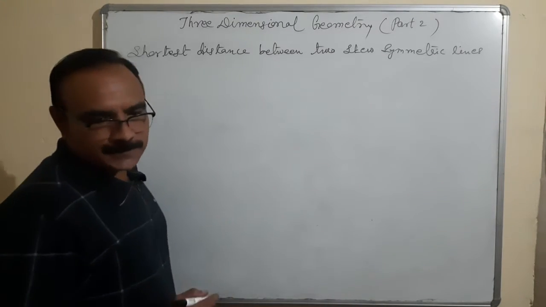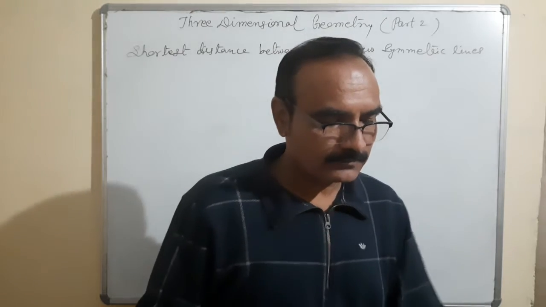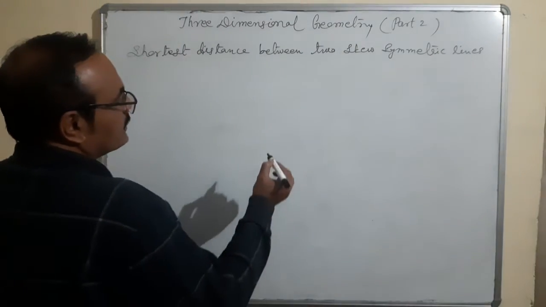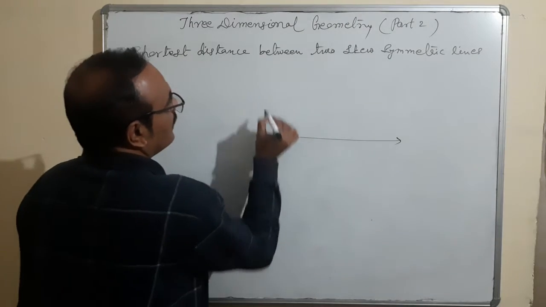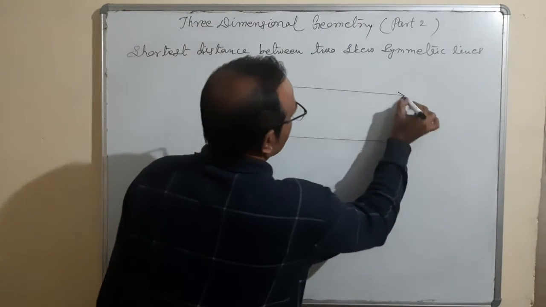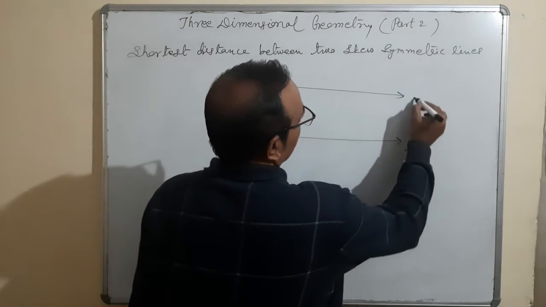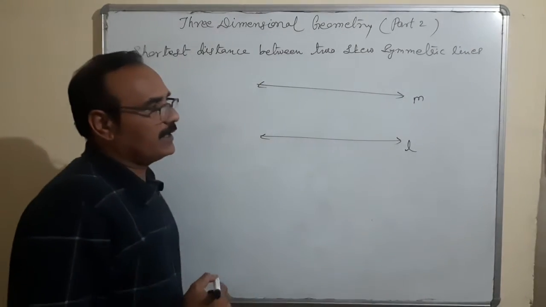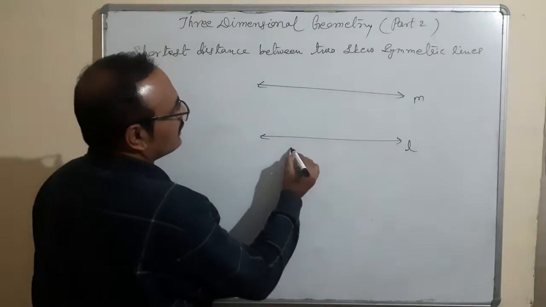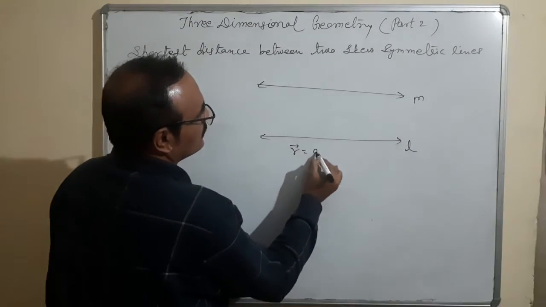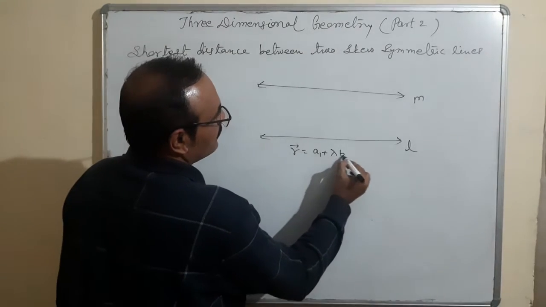Suppose this is the condition, there are two lines. One line is this, and second line is that. In 2 dimensional plane, I have made two lines. This line is L, that is M. And the equation of this line is vector R is equal to A1 plus lambda B1.